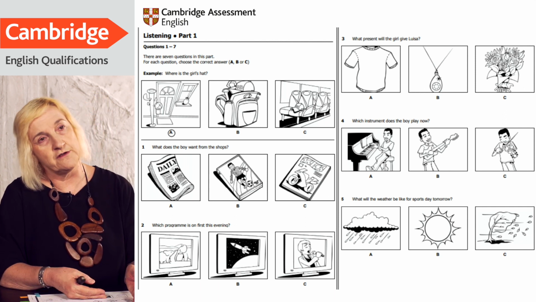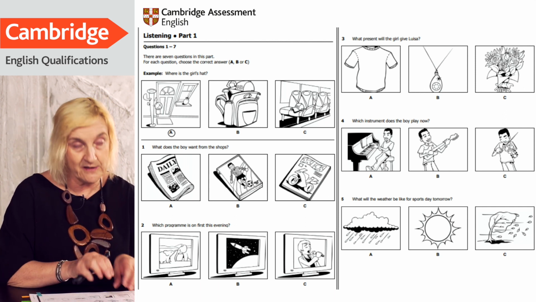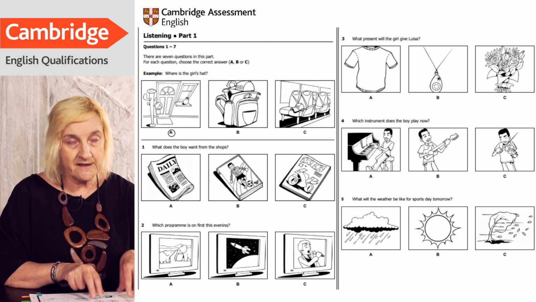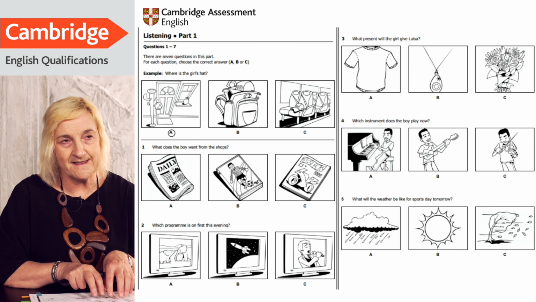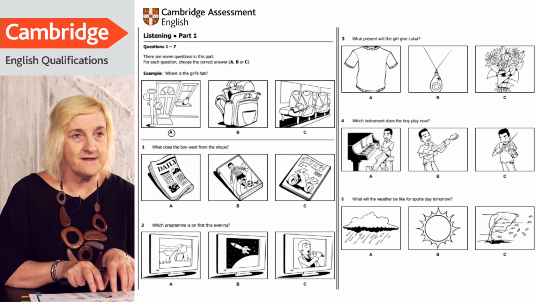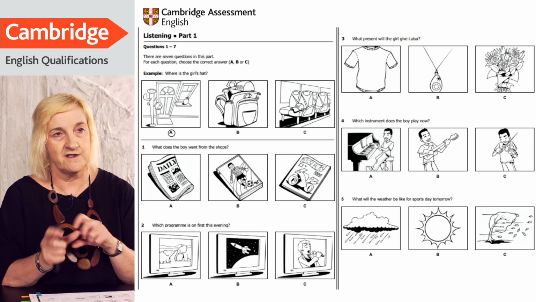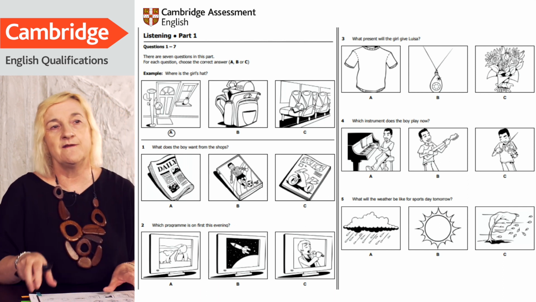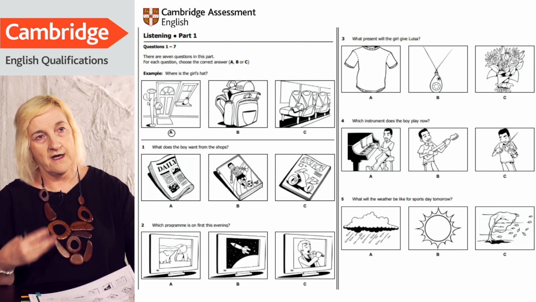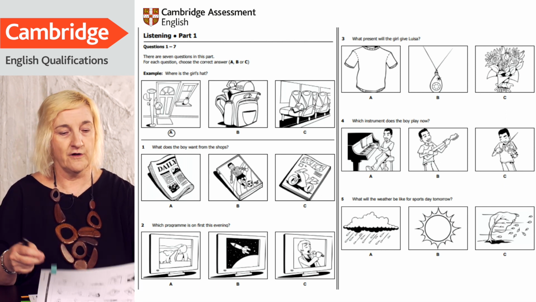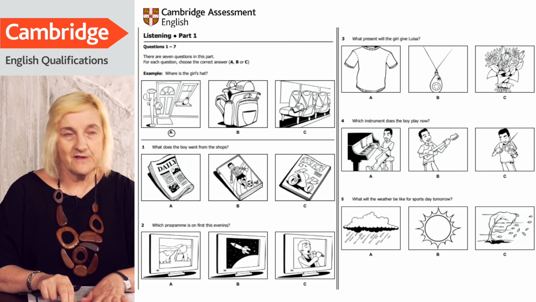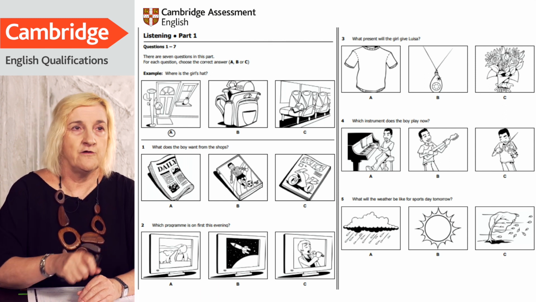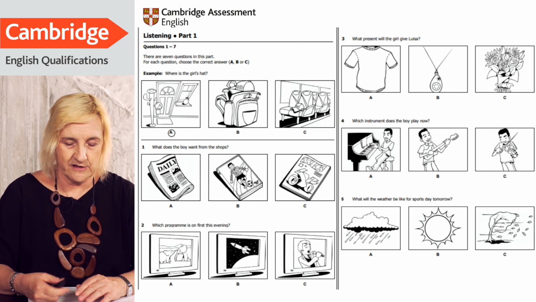In class, encourage them to look at the picture, try to predict what they might hear, and listen the second time to check that the answer they've chosen is the right one, that they're not just word spotting, hearing a word and thinking, oh, it must be picture 1, when perhaps they need to listen a little bit more and get the actual full answer. Students usually like this part, I have to say. It's very good for encouraging students to think about predicting.